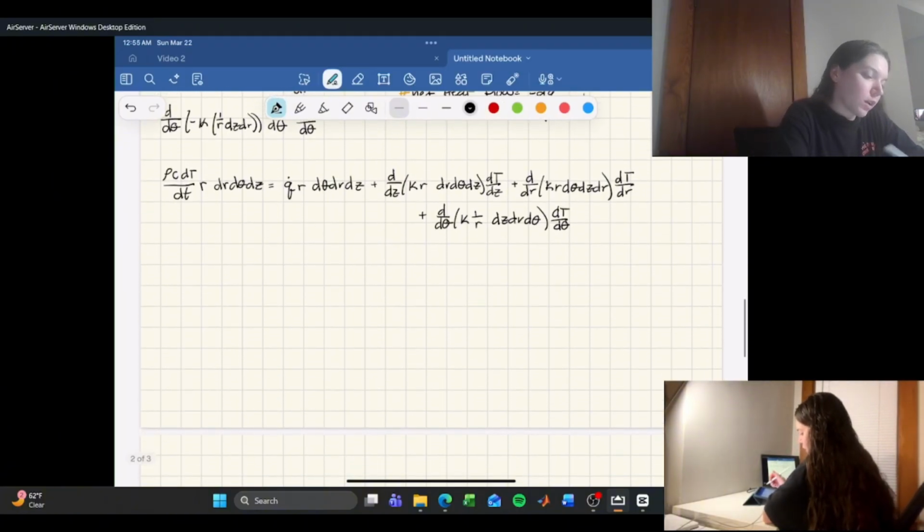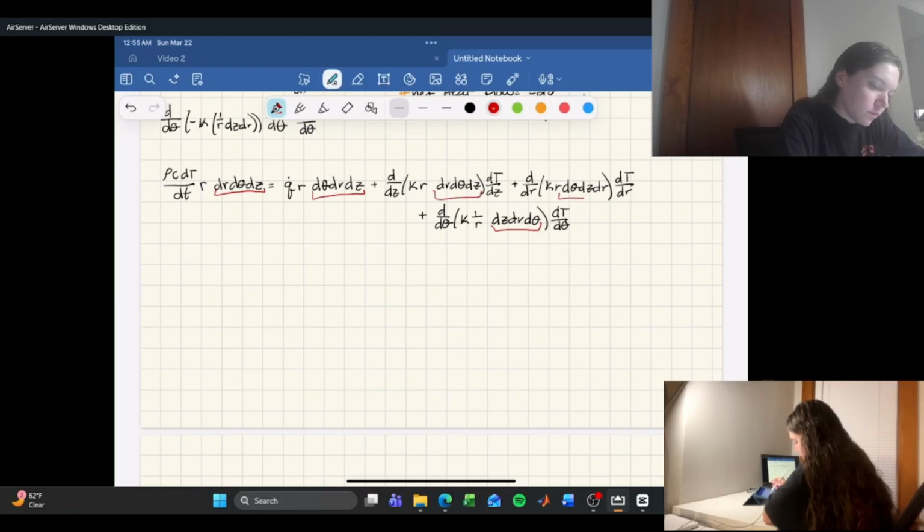So now looking at this, we have all of these volume terms here. These will all cancel, so we can simplify this again.